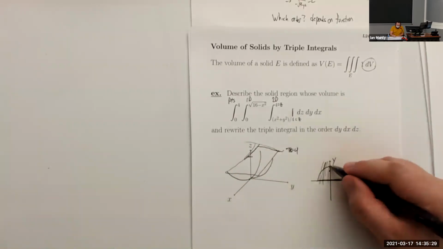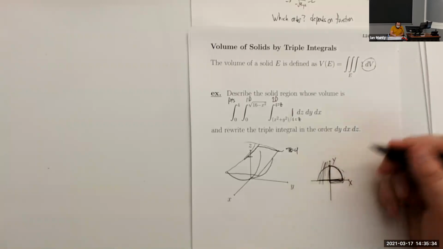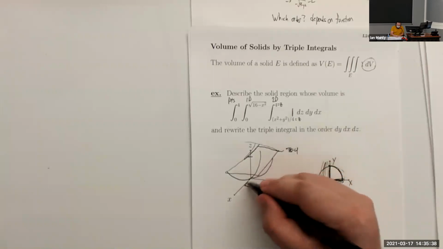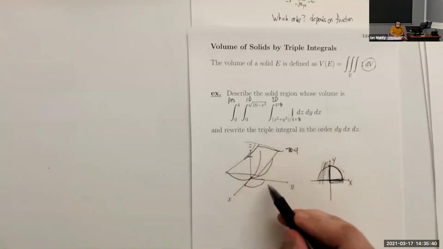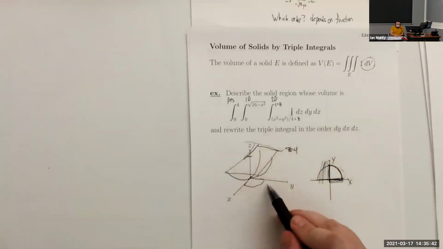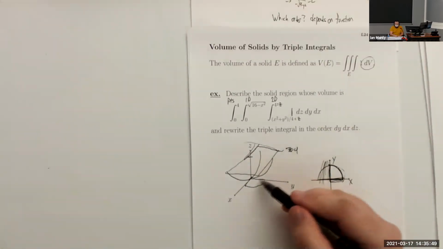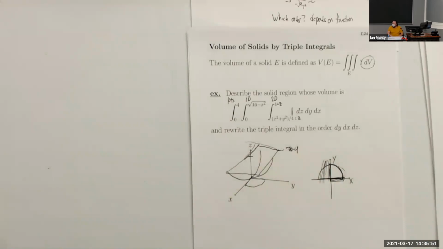Since x is only going from 0 to 4, we're only doing this in the first octant, because x and y are positive. So this is going to be this plane on top, a quarter of a bowl underneath, all in the first octant right here.